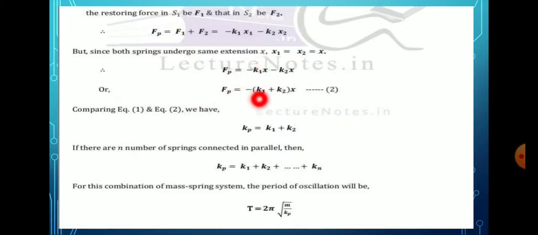When rearranging the terms, we get equation number 2. Comparing equations 1 and 2, we get Kp is equal to k1 plus k2.